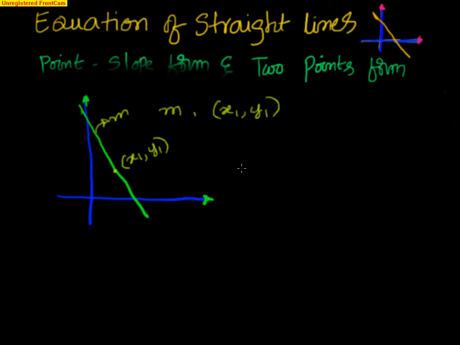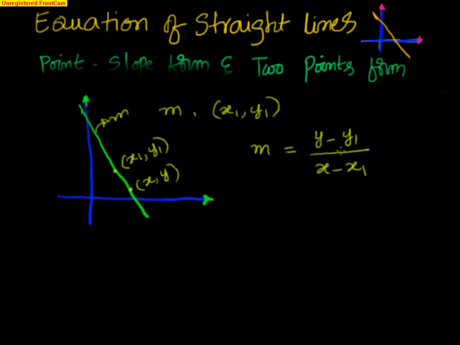Now to find the equation of this straight line, we know m, we have a point, so if I take x comma y as a point on this straight line, my slope m will be nothing but equivalent to slope m, which is given, is also equal to y minus y1 divided by x minus x1.